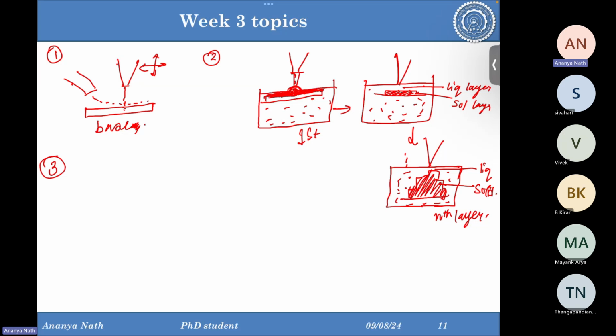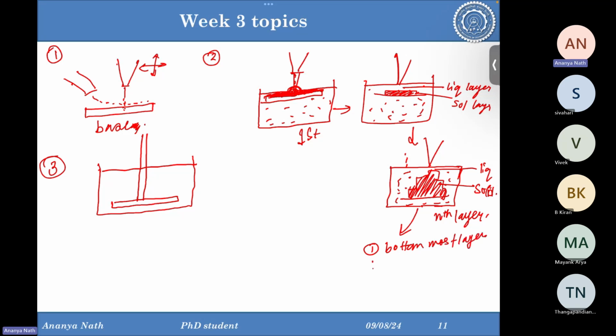Now we have the bottom up approach. In the bottom up approach, we have again a vat full of resin. The build plate is attached to a long column and it is dipped down inside the vat. It will start the exposure from the bottom of the vat.